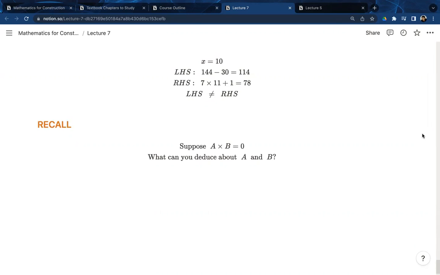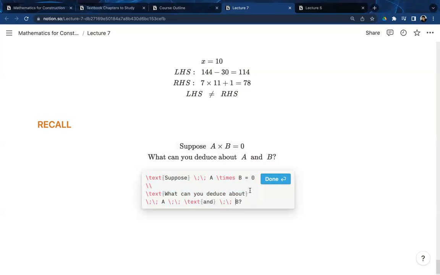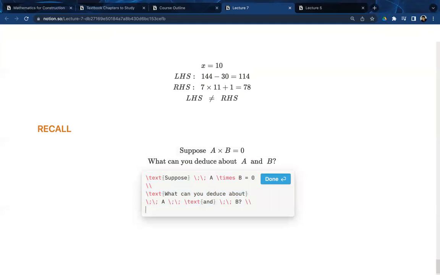Question, could both of them be 0? Yes. Yeah, right? What if A and B is 0? 0 by 0 is what? 0, right? So what we're supposed to say is at least one of them is 0.